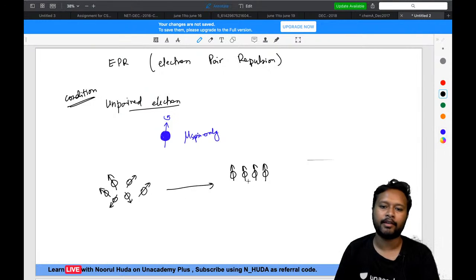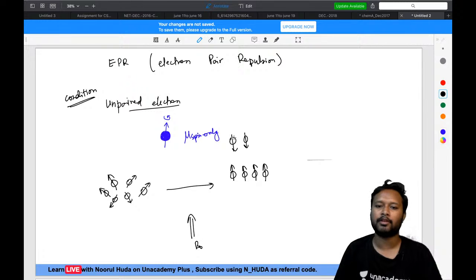If your external magnetic field is applied in this direction, they might align themselves along it, or they might align themselves in the reverse direction. These are called alignment along the direction of the field, and alignment in the reverse of the direction of the field. This is the principle, and this is what you all should know. That's how EPR spectroscopy is made.